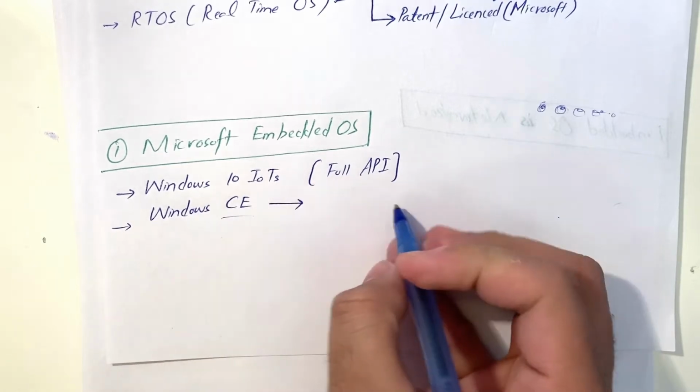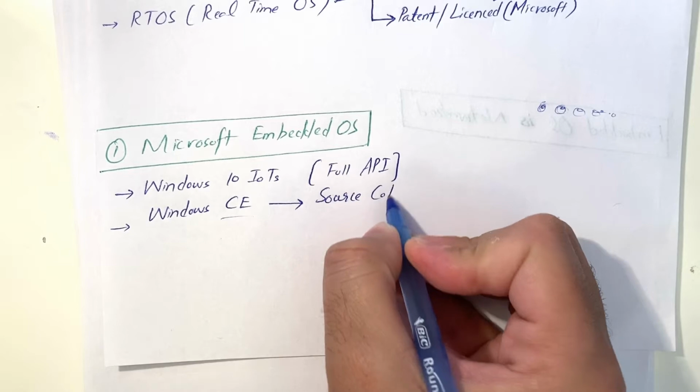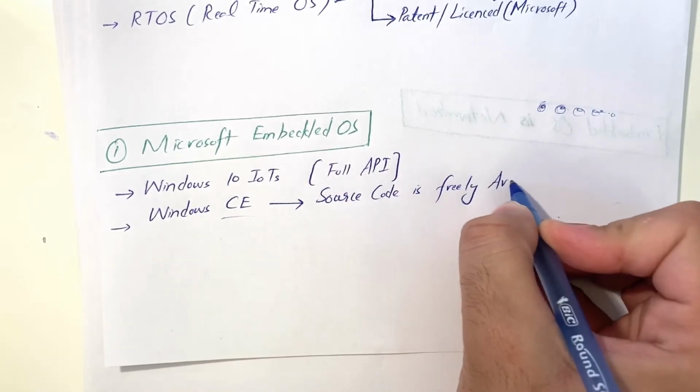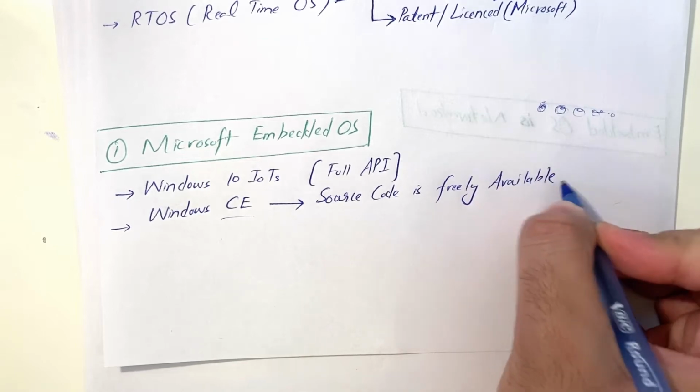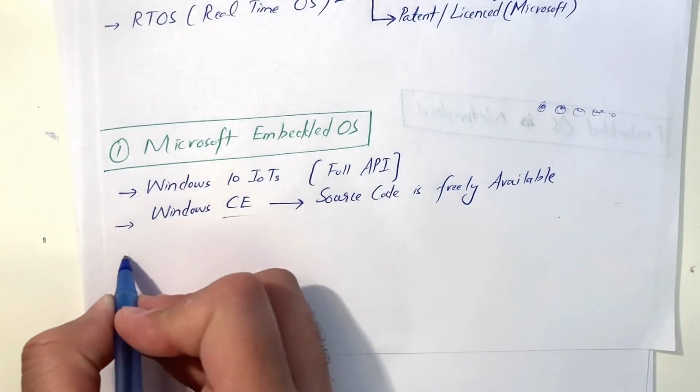The best thing about Windows CE is that the source code is freely available. So people use Windows CE because the source code is freely available. You can customize it and you can also use it exactly as it is.